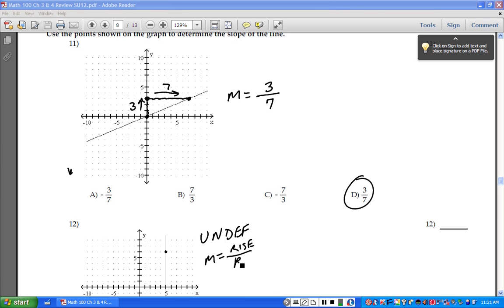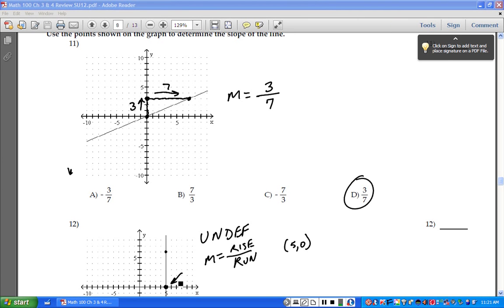Now, I can pick any point on this line. Let me pick this point right here, which is actually an x-intercept. So 1, 2, 3, 4, 5. So that point would be 5, 0 that I just picked.